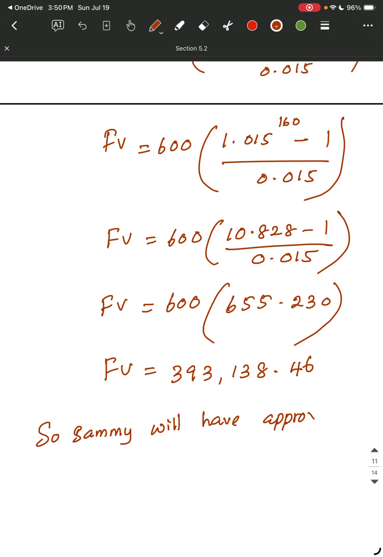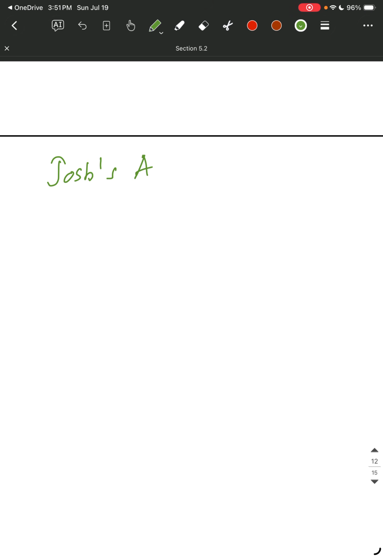Okay, now let's calculate Josh's balance. So his payment is regularly $1,000, same interest rate.